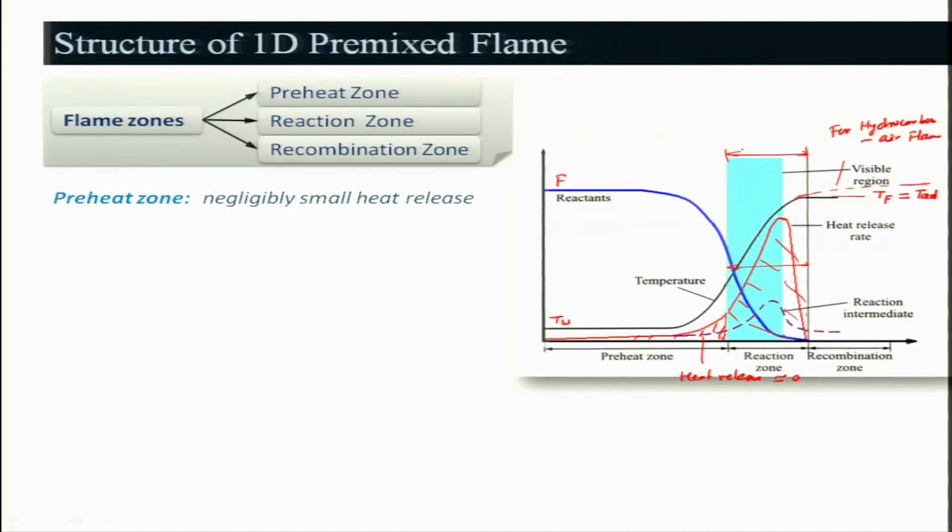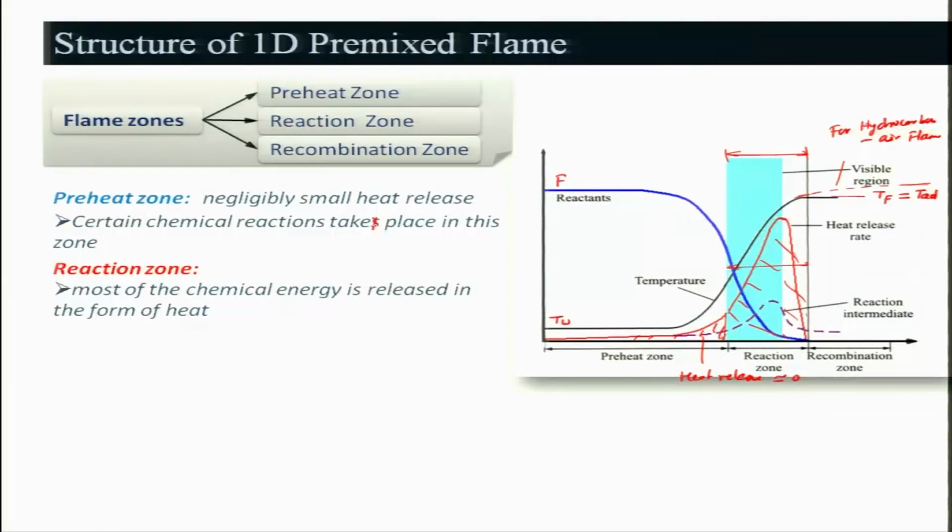In the preheat zone, certain chemical reactions actually take place. It can be several reactions, certain things in the initial phase, but the heat release will be very, very small, and most of the things like pyrolysis occur in this zone.